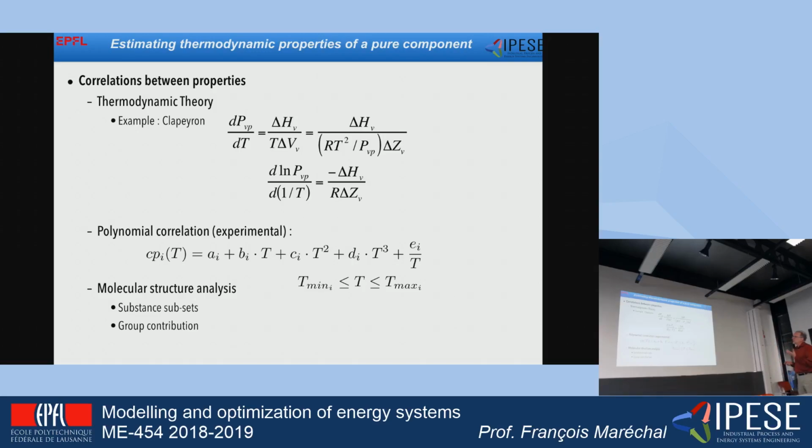So, for example, there is the relationship that links the pressure, the temperature, the enthalpy, and the volume. Okay, and this is, for example, the Clapeyron equation. The researchers and the thermodynamicists have observed, and that allows to represent the observations.